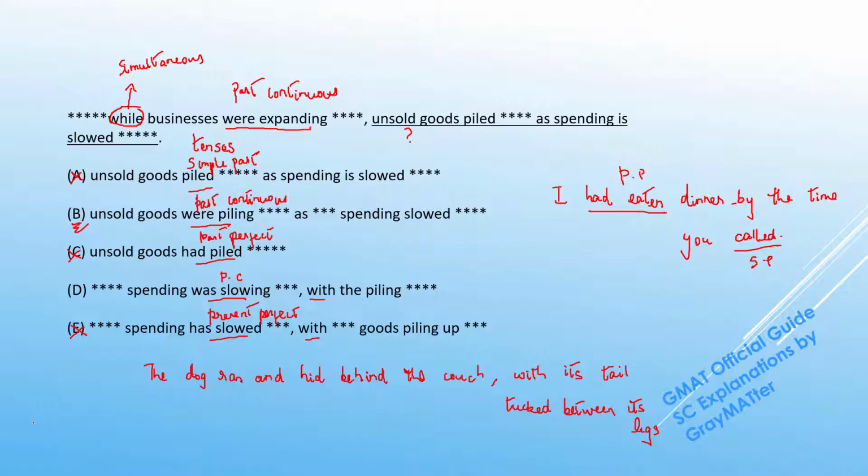Compare that to the example, he relaxed on the couch with his wife massaging his head. Now look at these two examples in terms of meaning. Which one do you think is more appropriate?